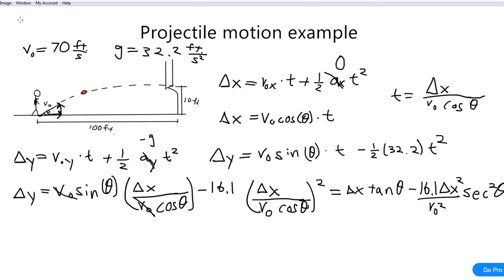We need to use a trig identity for secant squared: 1 plus tangent squared theta equals secant squared theta. This basically comes from the trig identity cosine squared plus sine squared equals 1. Just divide everything by cosine squared, and you'll get this in the end. We'll substitute this in here, and then we'll just have tangent thetas in the end, which is going to be super nice.